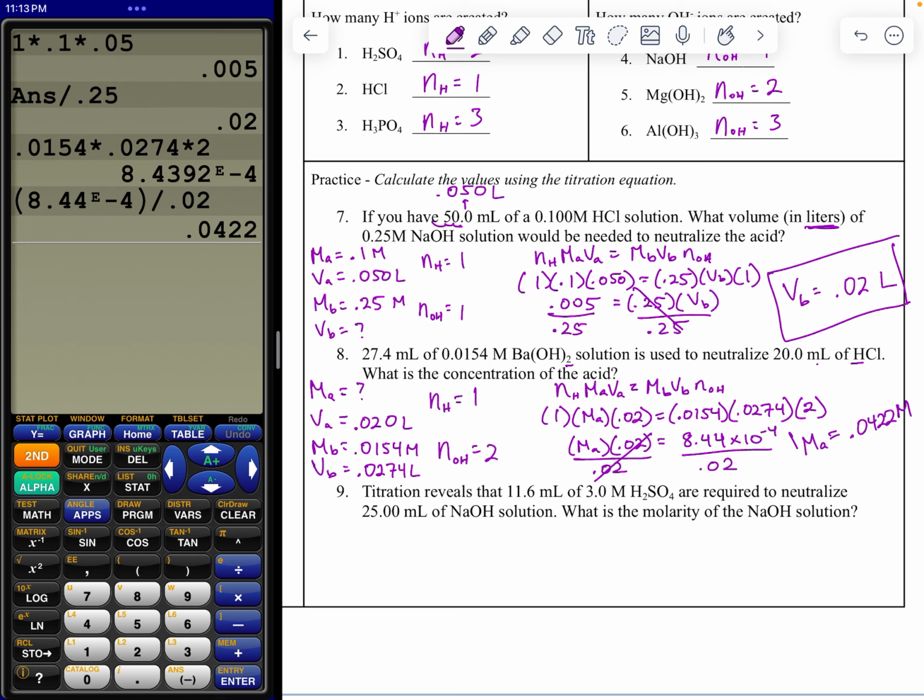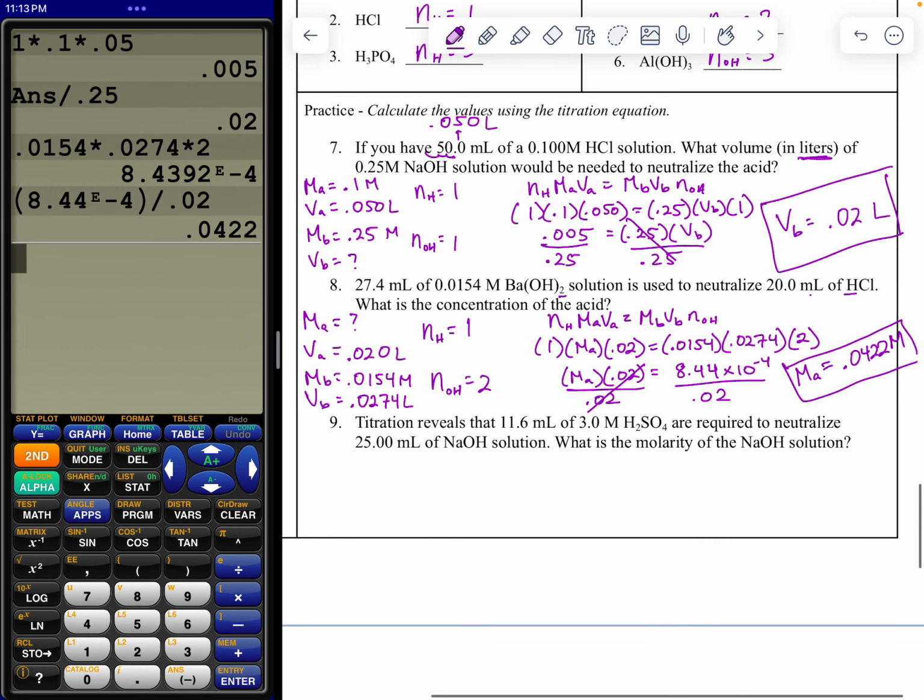Of course, that's molar, and it doesn't matter how many decimal places you go to. We don't do sig figs necessarily here, but you could make this 0.042 if you wanted. So I'm not going to be too much of a stickler on that.